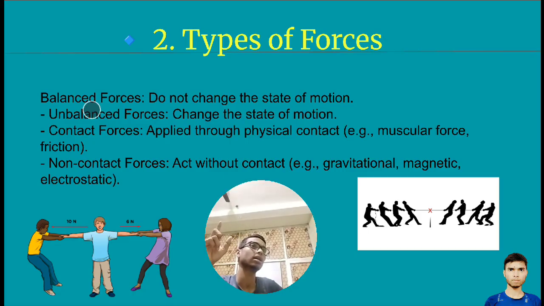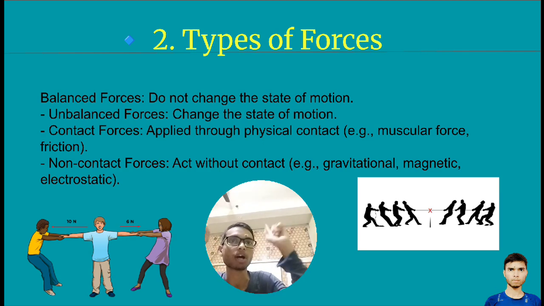But on the other side, the RHS side, the number of newtons could be more, could be less, but not 76. This is the meaning of unbalanced force. Did you understand? On both sides, the number of newtons would not be equal. This is the meaning of unbalanced force.